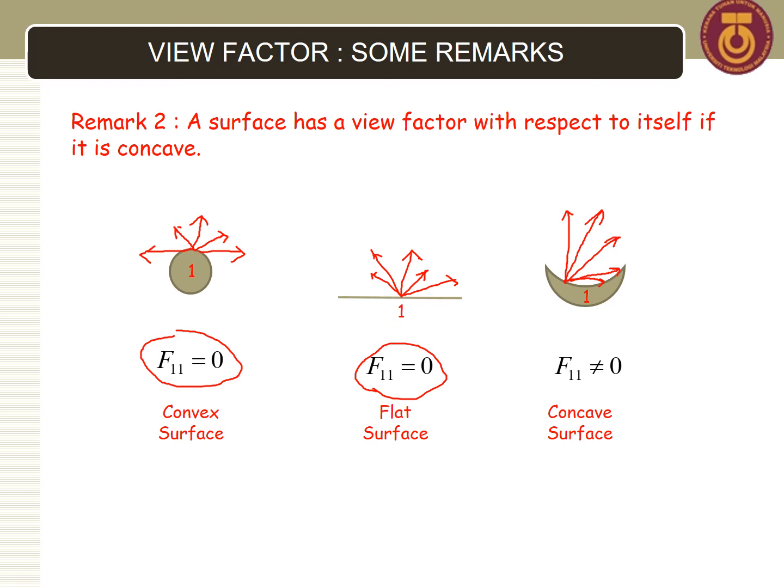You can see some of the radiation will fall on itself, will fall on surface 1. So it is very clear in this case that F11 does not equal 0. So a concave surface has a view factor with respect to itself. And this basic knowledge will help you a lot when you try to determine view factors for different surfaces later.